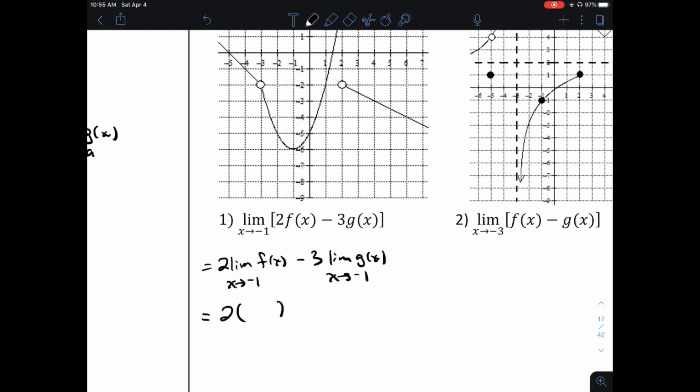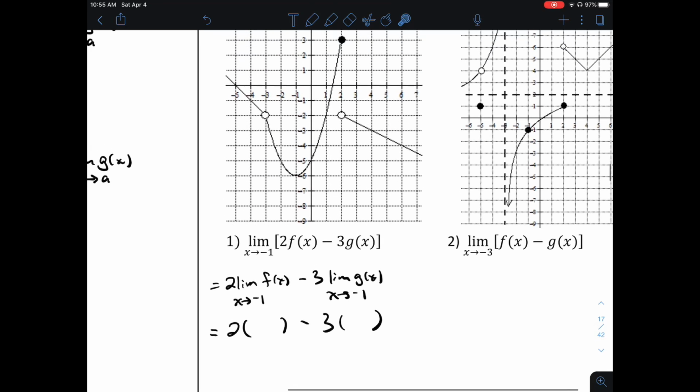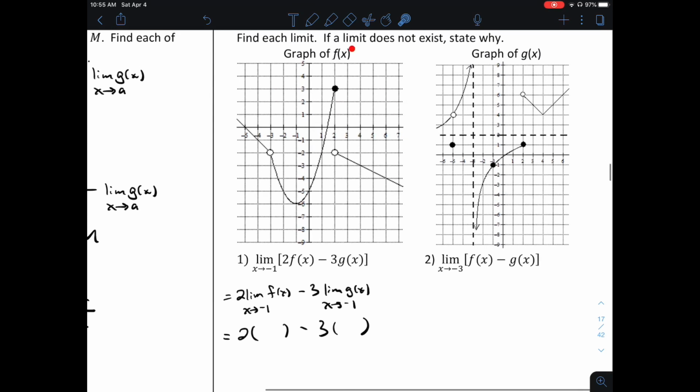Now looking at our picture, we're going to have 2 times this limit, we're going to have 3 times this limit. So this is the graph of f. As x approaches -1, here's -1, what is the y approaching from both sides? Well, it looks like it's approaching -6. Here's g of x.